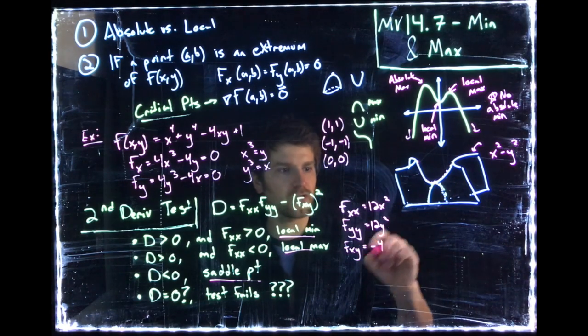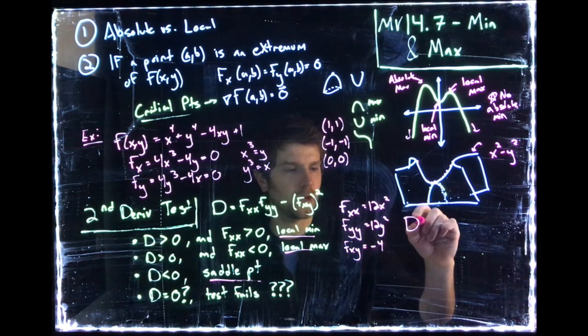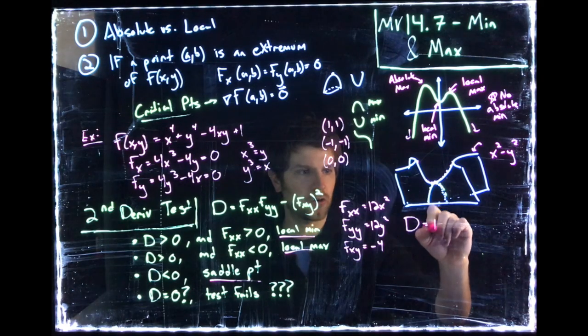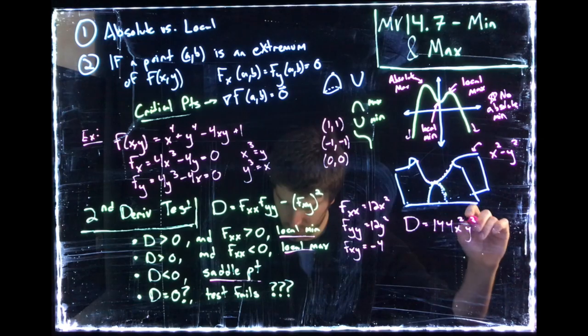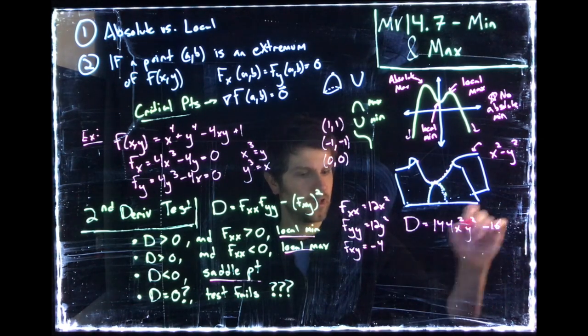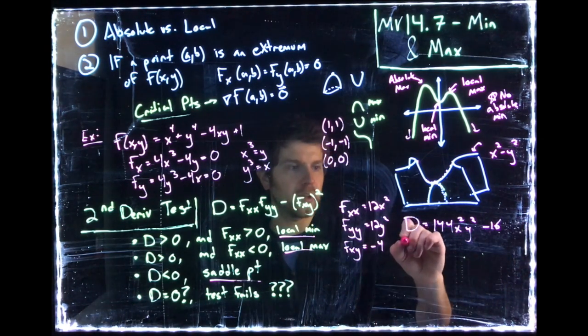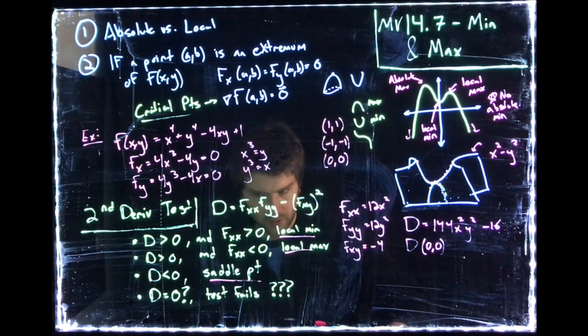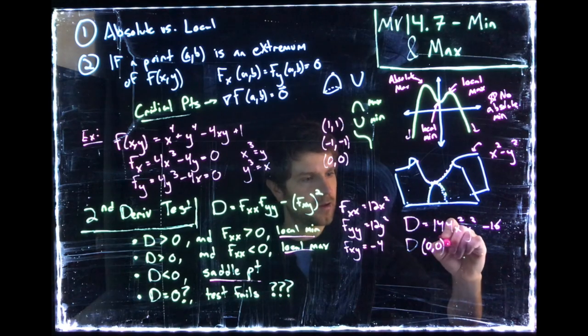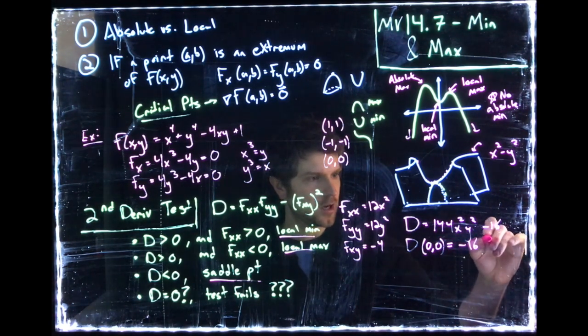So that means that our discriminant looks like 144x squared y squared minus 16. I just want to point out that if we plug in (0, 0), we get 0 minus 16, negative 16. So (0, 0) is a saddle point.